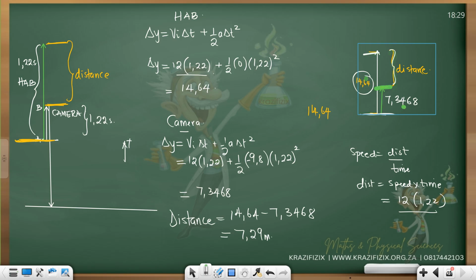Case closed. Look at the diagram in the blue box there, Lerato, on the right-hand side. Tell me if you are okay with that. I know the distance from here to here, 14, and I know the distance from here to here, 7. I can always get the remaining distance.